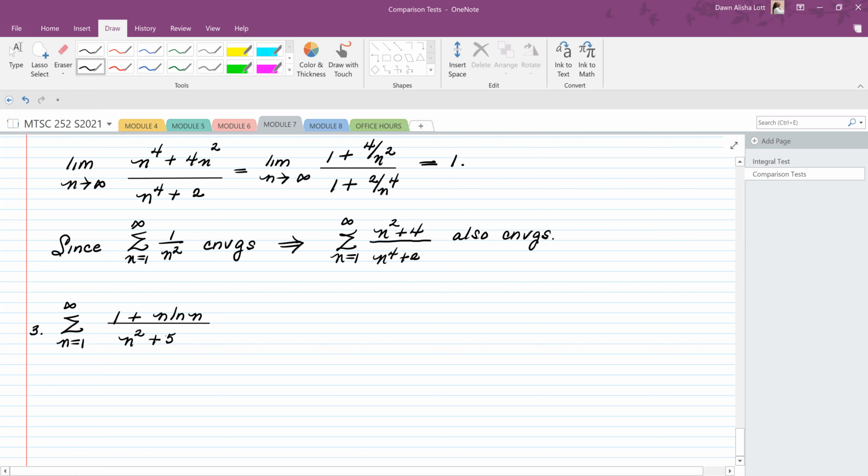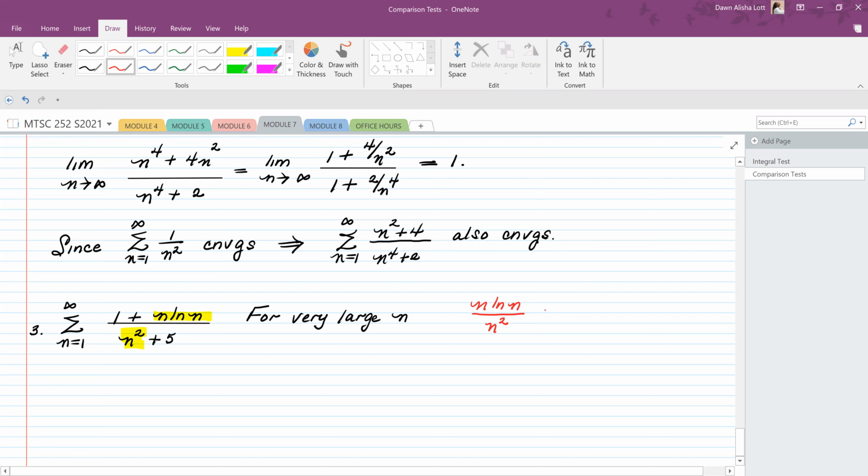Okay, so let's think about this. For very large n, the most dominating term in the numerator is n times the natural log of n, and in the denominator is n squared. I'm not worried too much about the 1 and the 5.